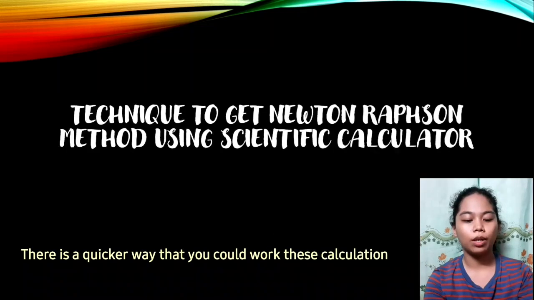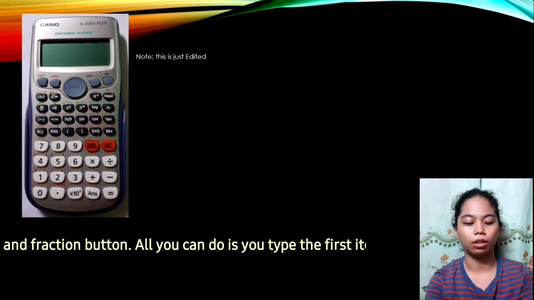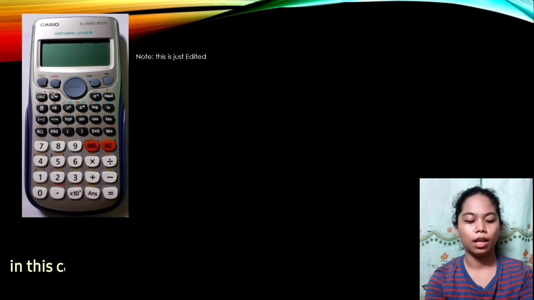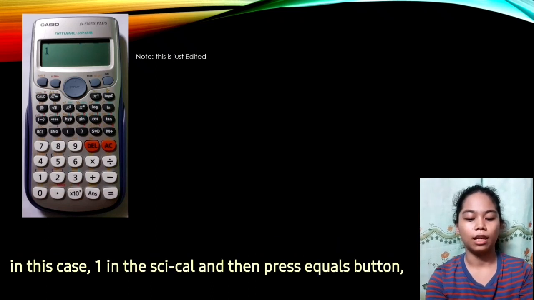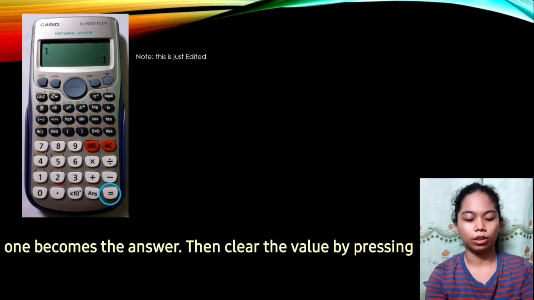There is a quicker way that you could work these calculations. First, you should have a scientific calculator with ANS, x10, and fraction buttons. All you do is type the first iteration, in this case 1, in the calculator, and then press the equal button. 1 becomes the answer.